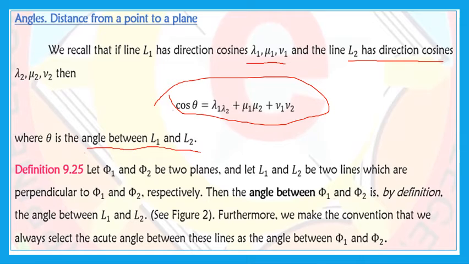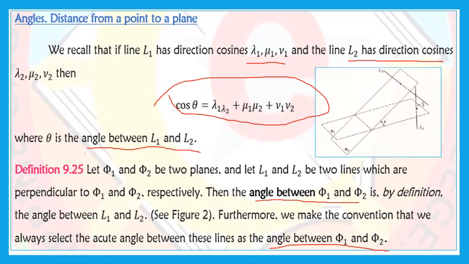In definition 9.25, let P sub 1 and P sub 2 be two planes, and let L sub 1 and L sub 2 be two lines which are perpendicular to P sub 1 and P sub 2 respectively. Then the angle between P sub 1 and P sub 2 is by definition the angle between L sub 1 and L sub 2. Furthermore, we make the convention that we always select the acute angle between these lines as the angle between P sub 1 and P sub 2.